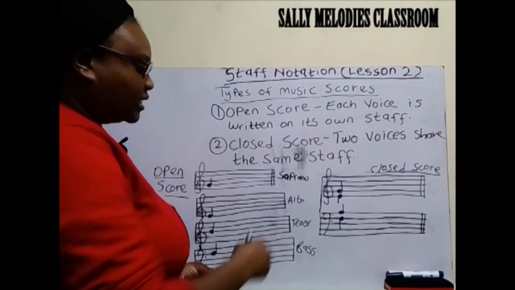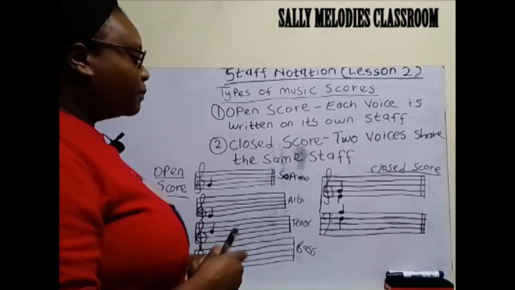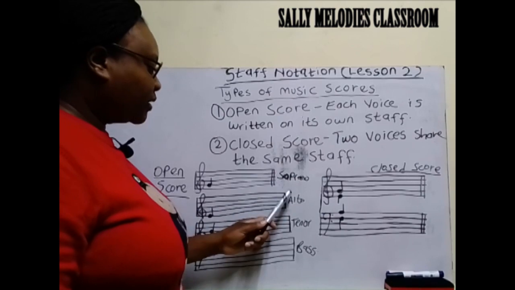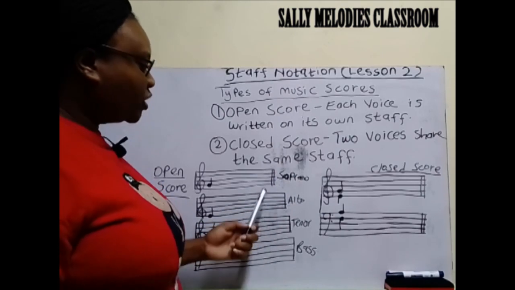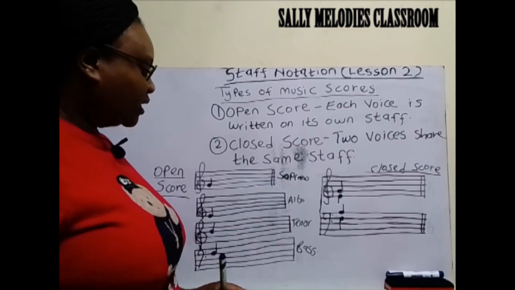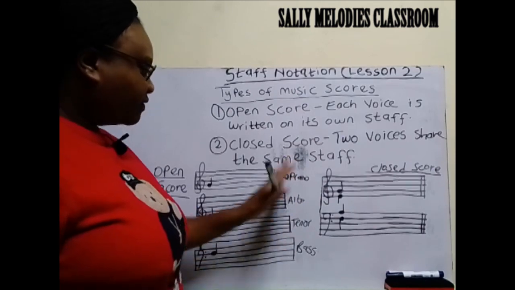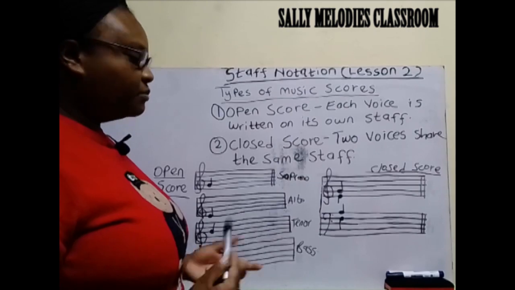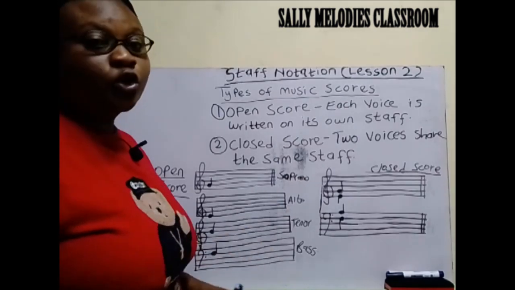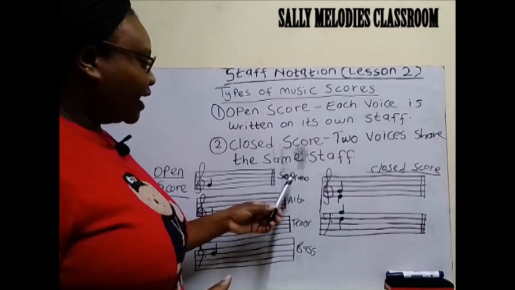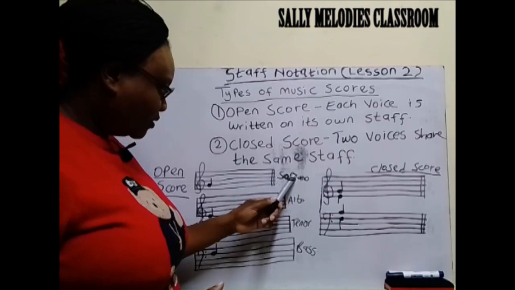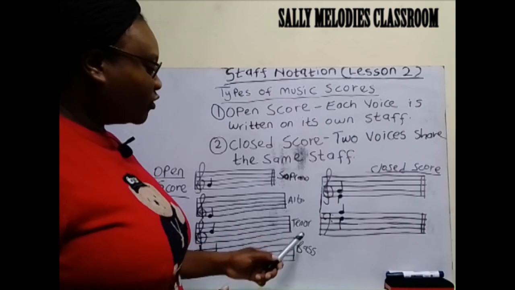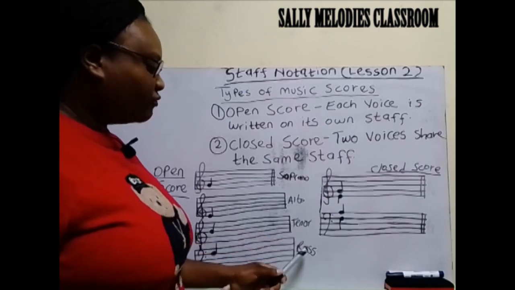This is just an example. We even have pieces of music where we have soprano 1, soprano 2, alto 1, alto 2. So it will depend on the type of music. But I have used the music that we use in our churches and that is common when we are doing choral music. The highest female voice is soprano, the lowest female voice is alto. The highest male voice is tenor, the lowest male voice is bass.